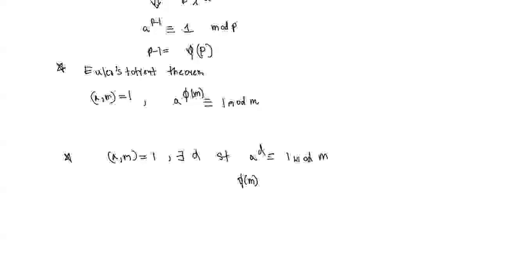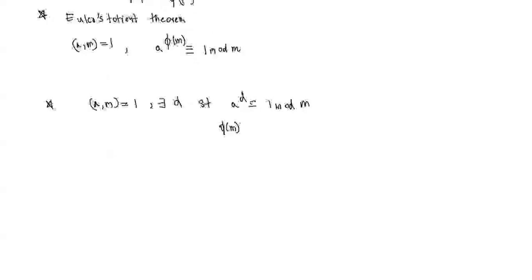But this is sort of boring, and it doesn't give us much information, in the sense that phi of M might not be the smallest exponent which satisfies that condition.